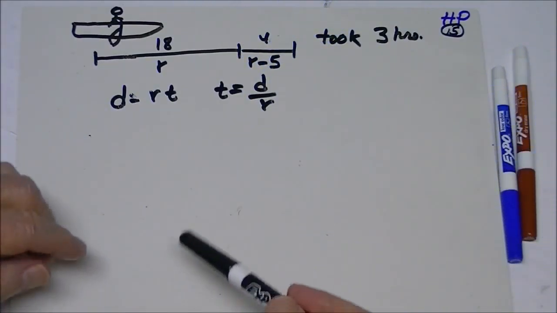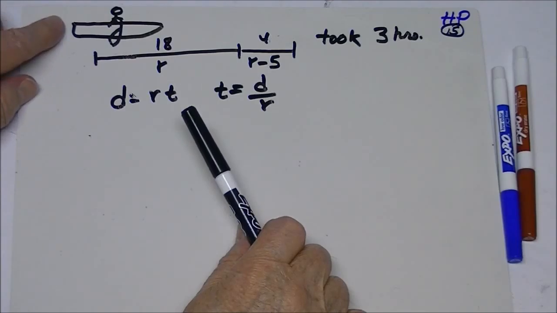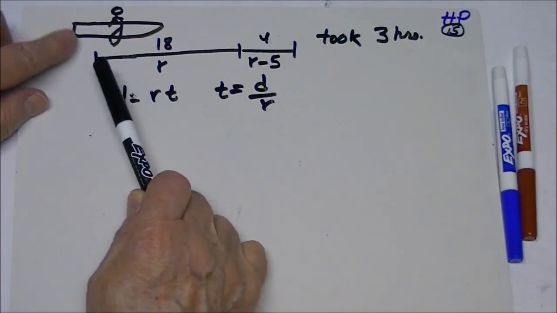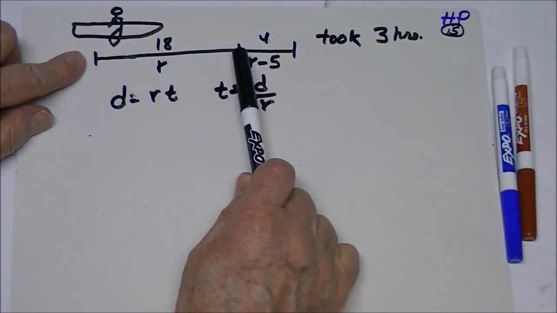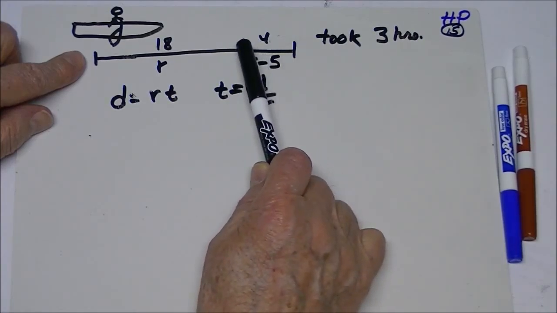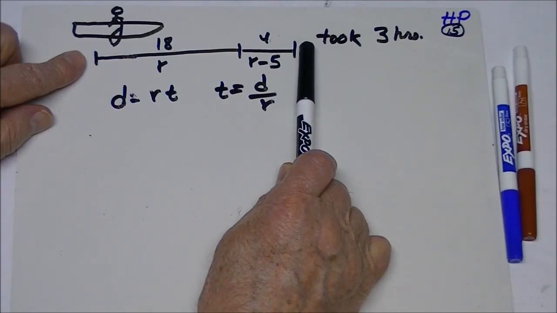So what I've laid out here, you can see why I'm not an artist. This is someone in a canoe that's going to do a certain distance, and I've made one of the distances 18 miles from the problem, and the other distance 4 miles.